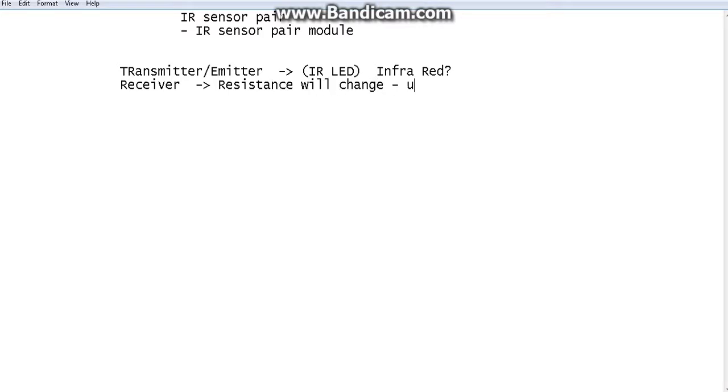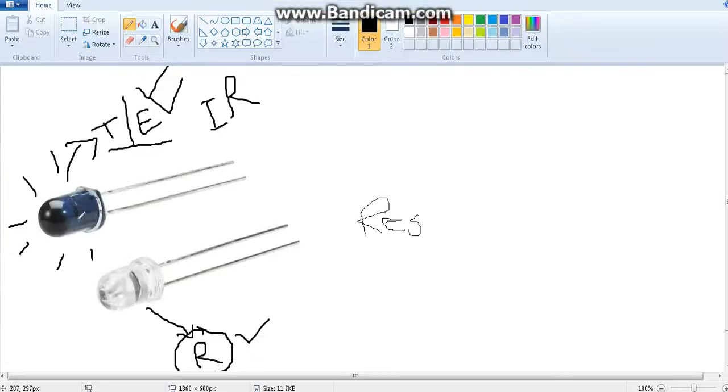When will the resistance change? Upon the IR light falling on it. That means this IR light is falling on him, so he is receiving the IR rays, and his resistance will change.